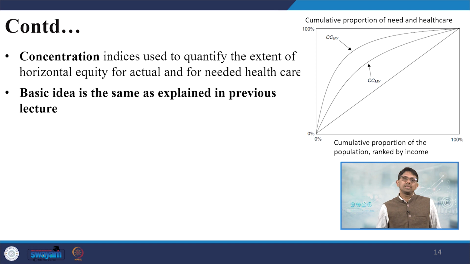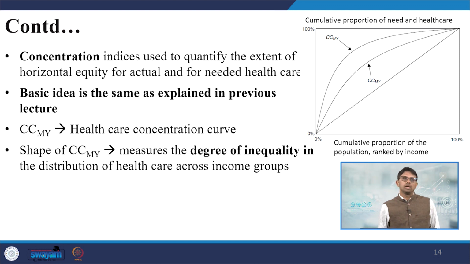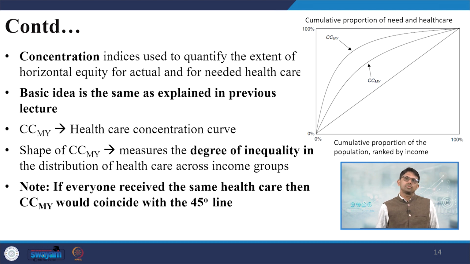The basic idea is the same as explained earlier. CCMY measures the healthcare concentration curve, and the shape of this CCMY measures the degree of inequity in the distribution of healthcare across income groups. Please note that if everyone receives the same healthcare, then CCMY, the healthcare concentration curve, would coincide with the 45-degree line.